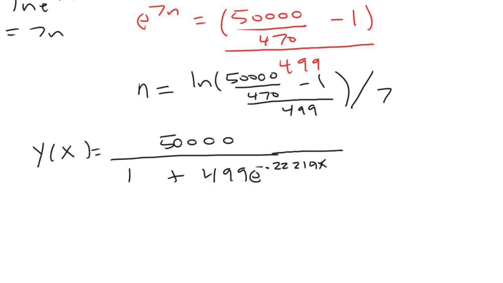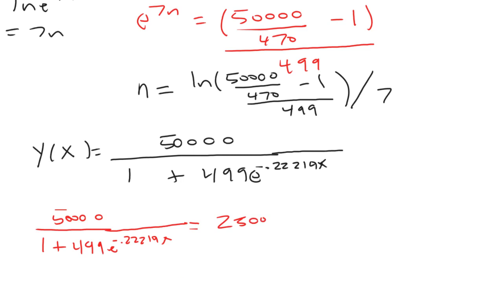Now, in this case, if you wanted to figure out the value that would give you 25,000, you would do more or less the exact same thing. You would say you have 50,000 divided by 1 plus 499 e to the negative 0.22214x, and this is equal to 25,000.